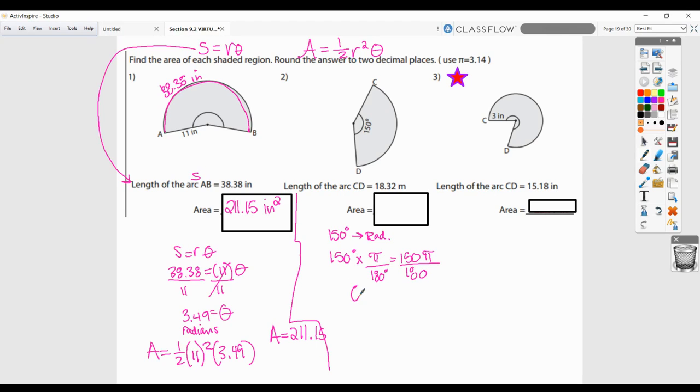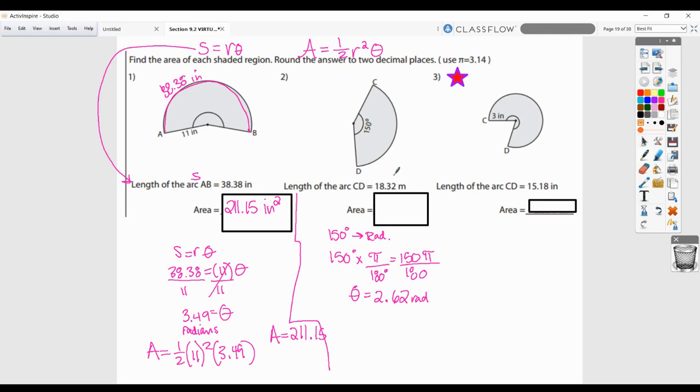So that means that my degree measurement of 150 degrees in radians is 2.62 radians.